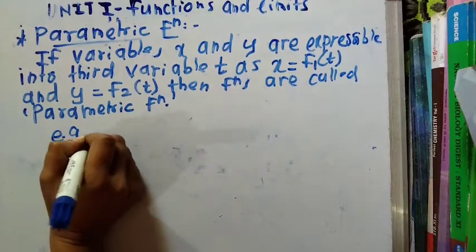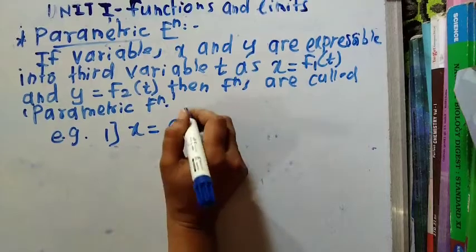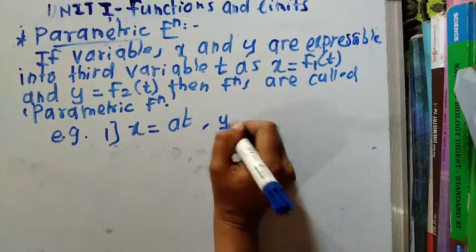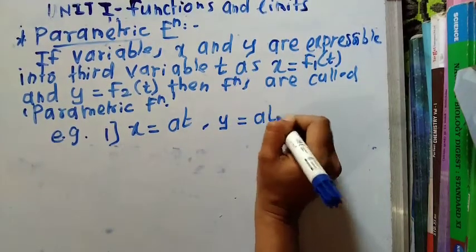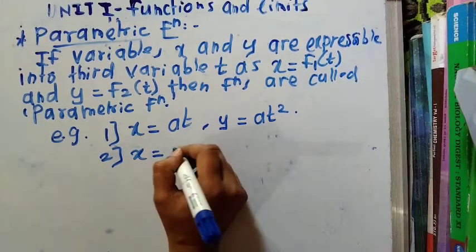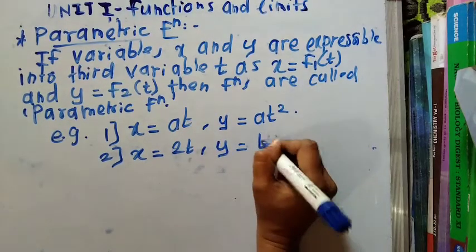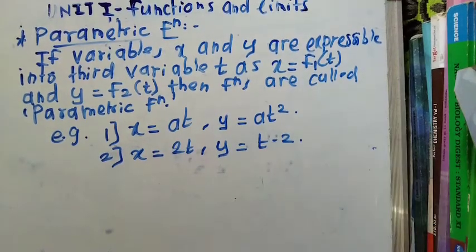Here examples. First example, x is equal to 8t and y is equal to 8t square. Second, x is equal to 2t and y is equal to t minus 2. These are parametric functions.